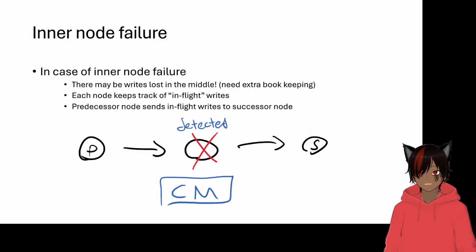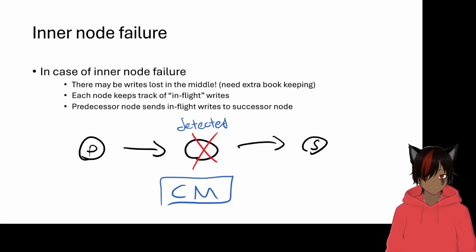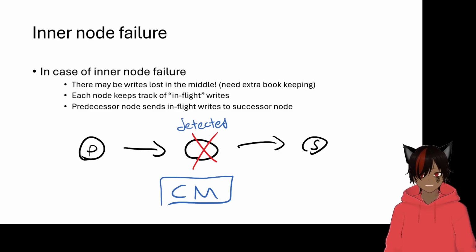And finally, let's look at what happens with an internode failure, which is pretty complicated. And there's a lot of extra bookkeeping. So let's go through it. First of all, the cluster management software once again detects, hey, an internode has failed. And I've labeled these nodes P and S for predecessor and successor. And essentially, there's a problem, which is that writes might be lost in the middle. So each node actually has to keep track of a set of in-flight writes, which we'll describe later.